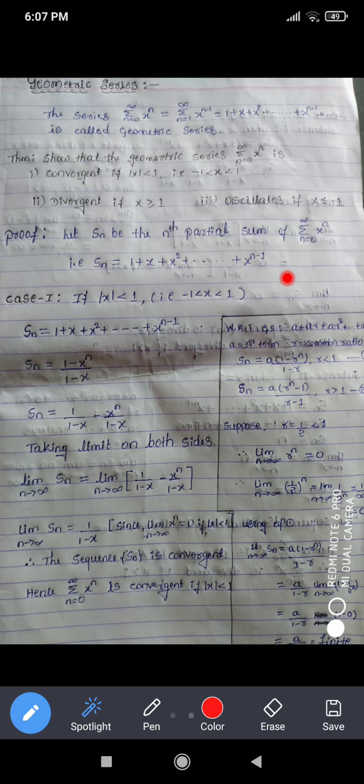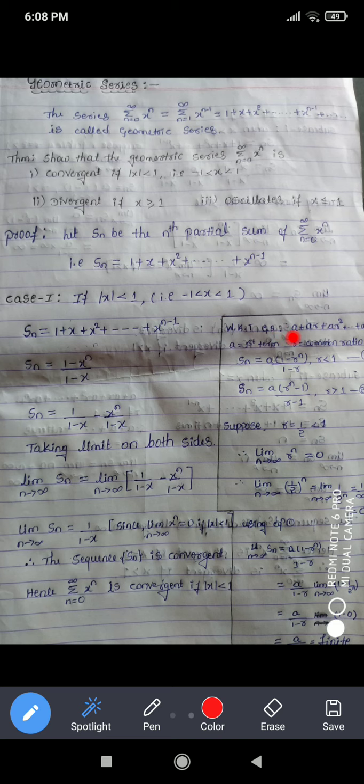Okay, so now the first case: if modulus of x is less than 1, so we know that minus 1 is less than x less than 1. Now write the sum of the n terms once again, using the sum of the geometric series formula. We know that for a series like a plus ar plus ar square and so on, a is the first term and r is the common ratio.